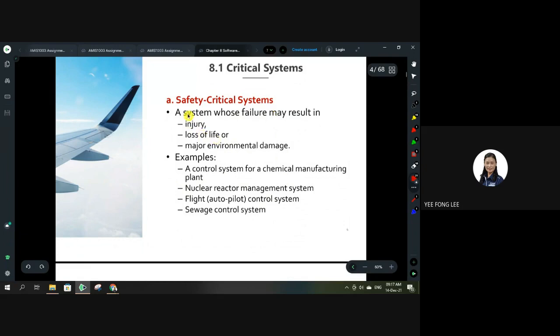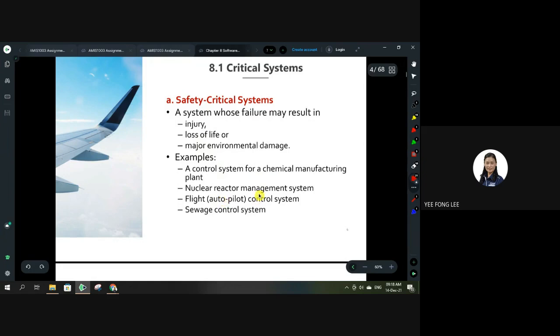Okay, as I mentioned just now, a safety critical system failure might cause injury, loss of life, and could also cause serious environmental damage. Some examples of a safety critical system are a control system for chemical manufacturing plants, or even a medical system.